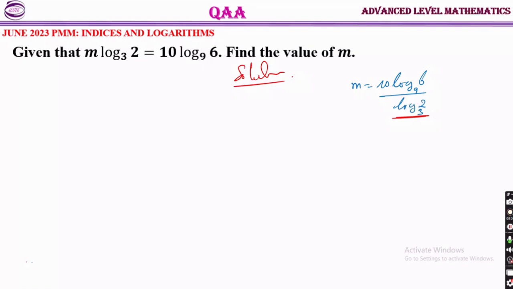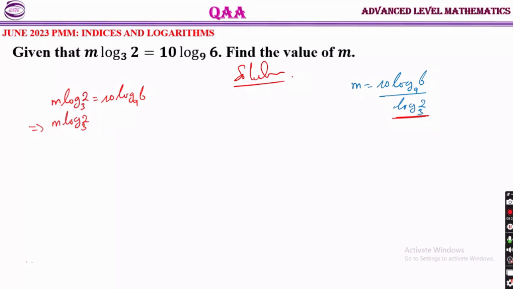Now, in my perspective, from the question directly, where we have m log to the base 3 of 2 equal to 10 log to the base 9 of 6, we should first of all make sure everything has the same base. So I'm going to end up with m log to the base 3 of 2. I'm going to turn everything to log to the base 3 since it's simpler.